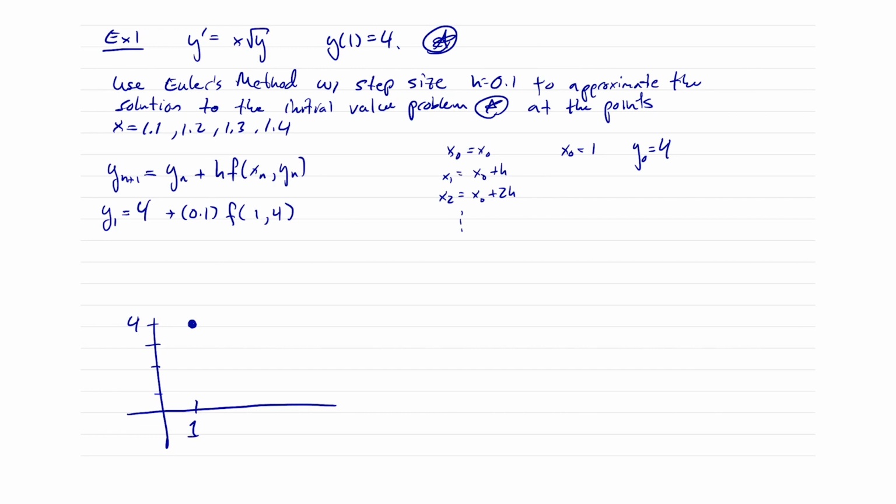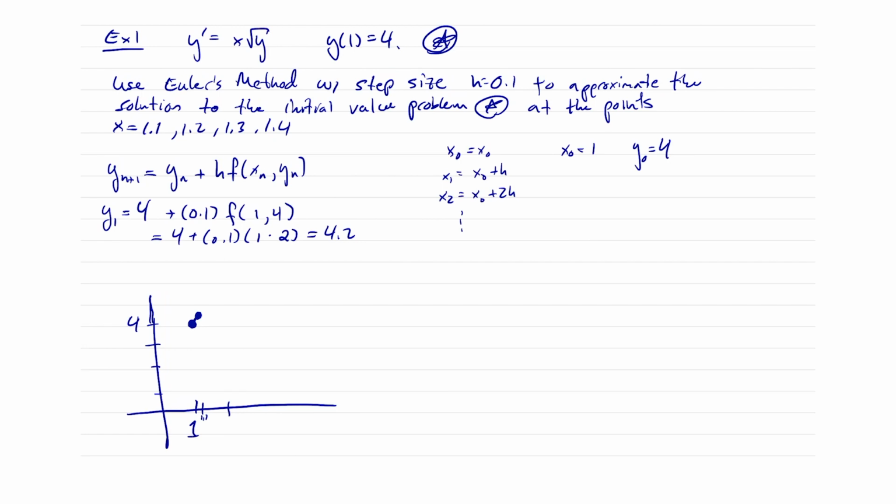Now I plug in f, and it's going to give me 4 plus 0.1 times x times the square root of 4, which is 2. And so it's going to give me 4.2. We went forward by 0.1, so we went right here, at 1.1, and we're moving from 4 up to 4.2.